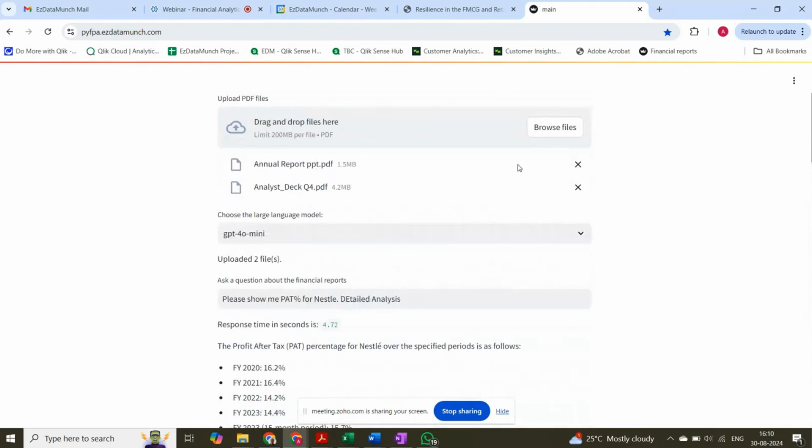Okay. So let me ask a different sort of question. Show me PAT percentage for Britannia, right? Now I'm asking it to show me from the years 14, 15 onwards with detailed analysis.